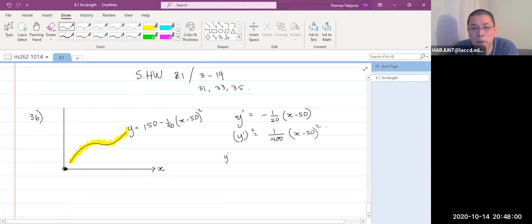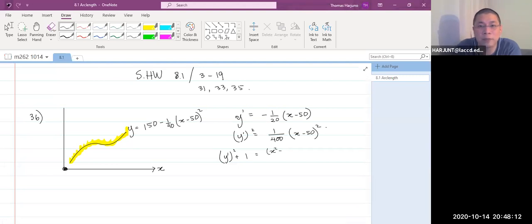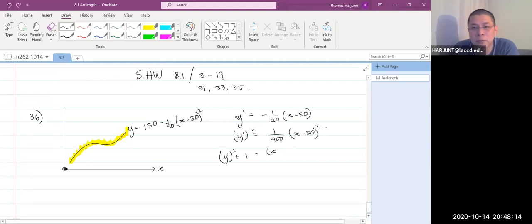So y prime squared plus 1 will be x minus 50 squared plus 400 over 400.